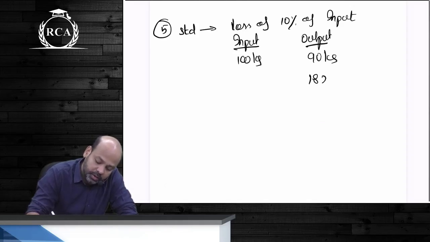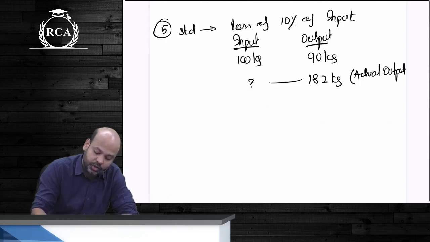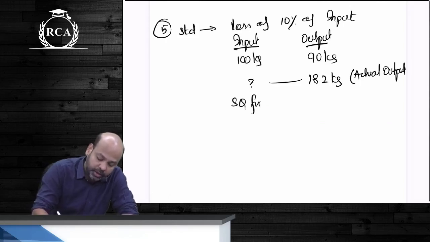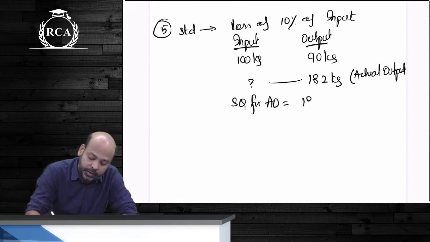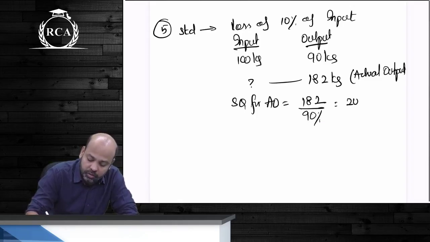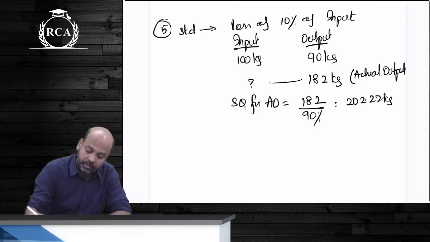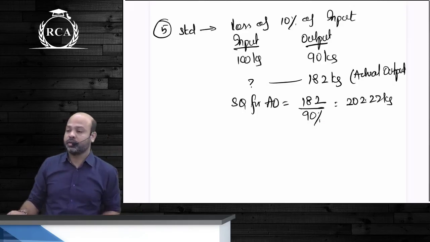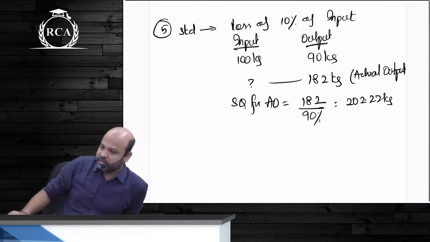What is your actual output? This is your actual output. If the actual output is 182 kgs, guys, what should be the standard quantity for actual output? 182, guys, divided by 90%, 202.22. This will be the standard quantity for actual output. Are we understanding this, guys?